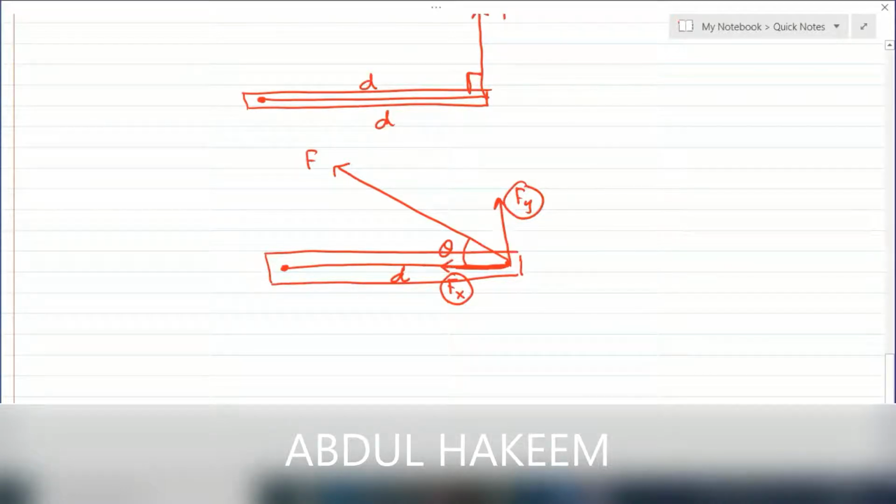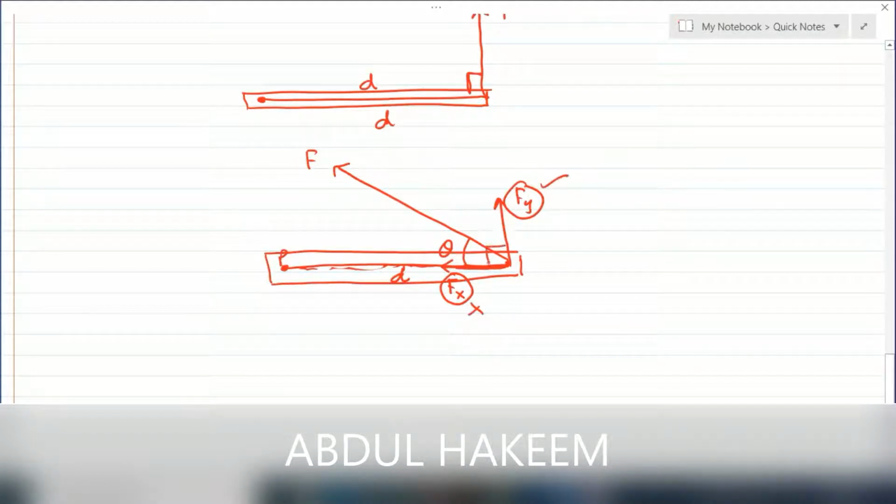Now, this Fx component is passing through the pivot. So do remember, force which is exerted at the pivot or passing through the pivot has no torque, no turning effect, no moment, because its perpendicular distance is 0. So this Fx has no torque. Now look at this Fy.